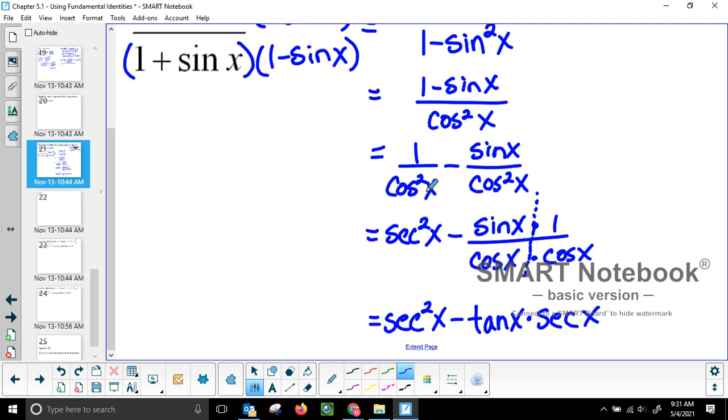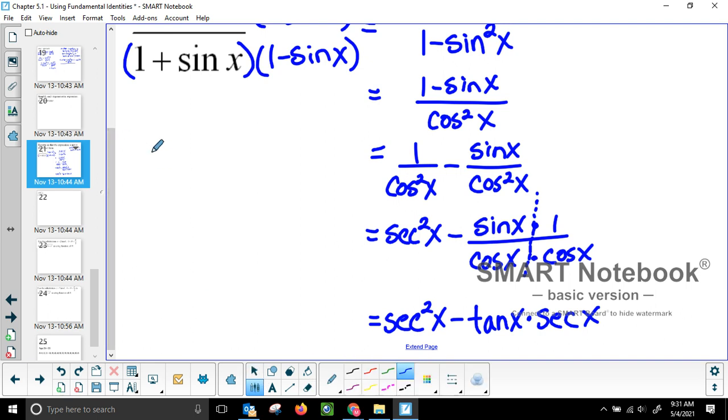One over cosine squared x, right? We know that 1 over cosine x is equal to secant x. It works the same way with higher powers, no matter what. The reason why is similar to what we did here.